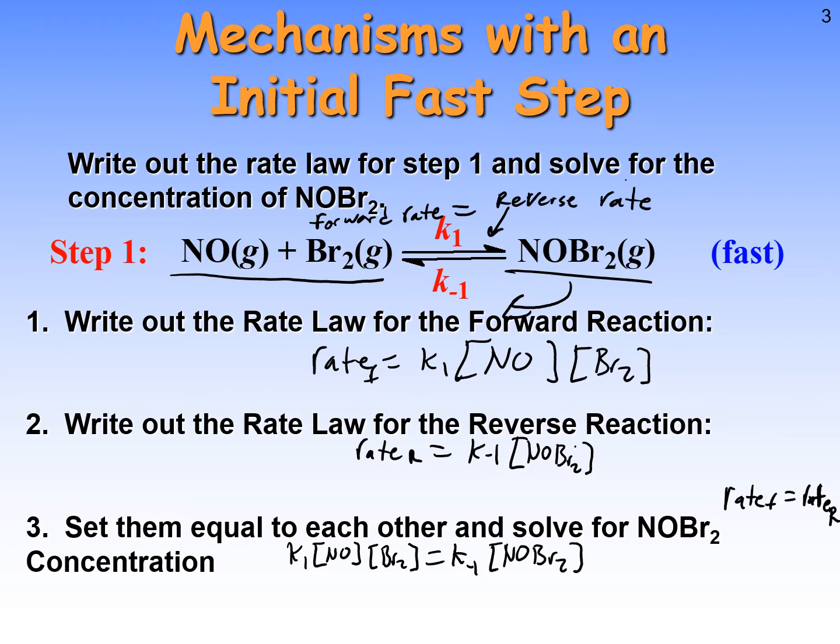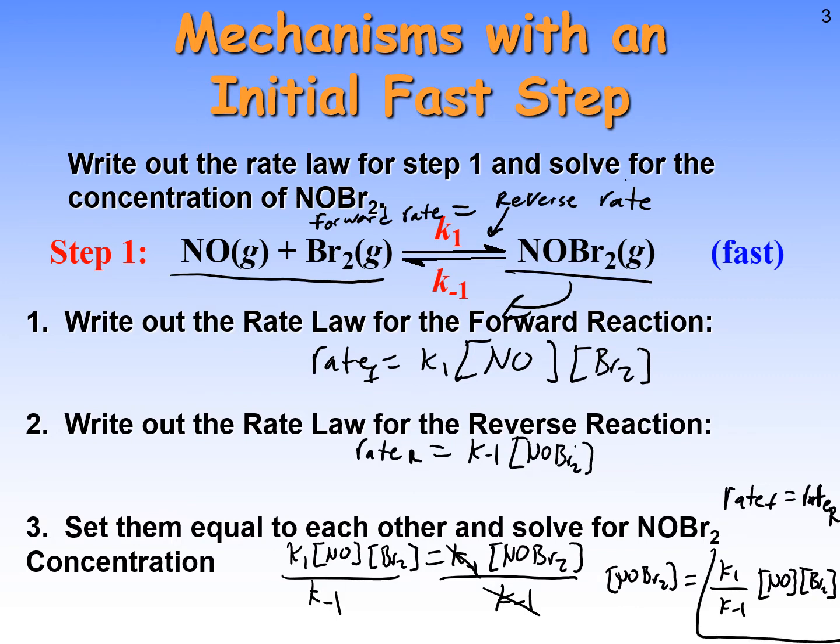And since we're at equilibrium, I can divide by k-1 on both sides and solve for the concentration of NOBr2. NOBr2's concentration is going to be equal to k1 over k-1 times NO's concentration times Br2's concentration.